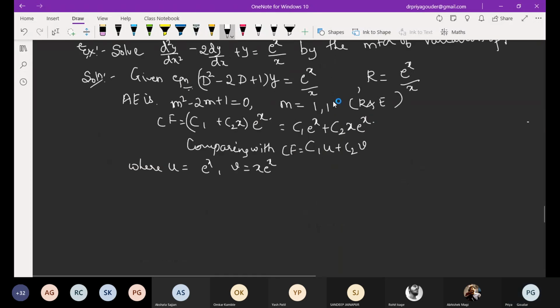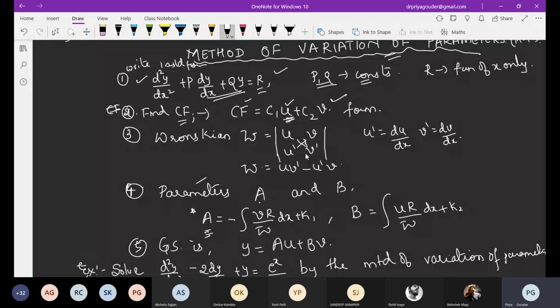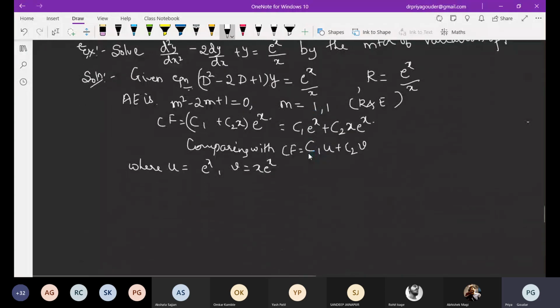Done. Now to find W, we got u and v. To find W, what is required other than u and v? u dash and v dash. What is the derivative of e raised to x? e raised to x. What is the derivative of x into e raised to x?